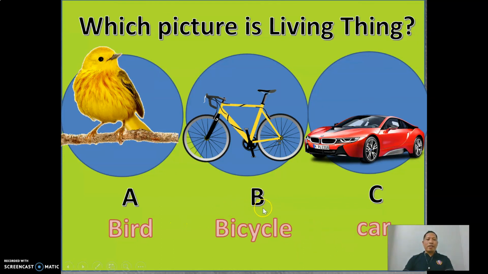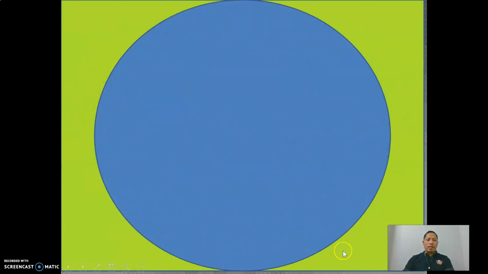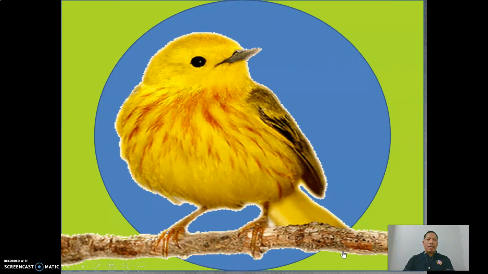So the correct answer is: the picture of the living thing is letter A, a bird. Congrats. Very good. Well done. Next. Okay, next. Correct.